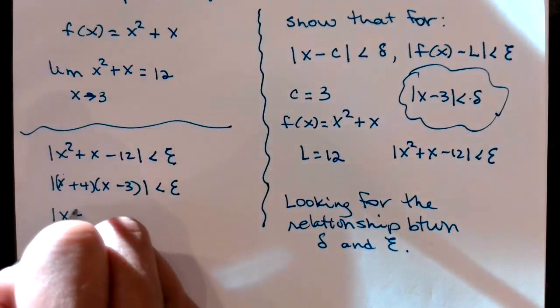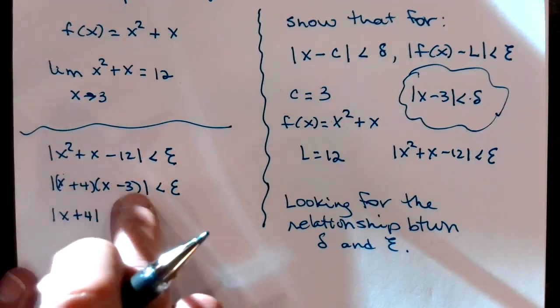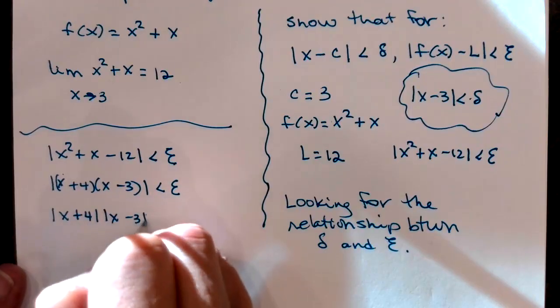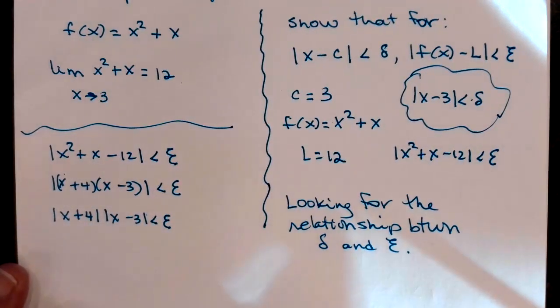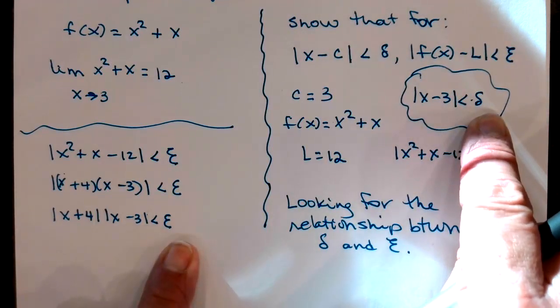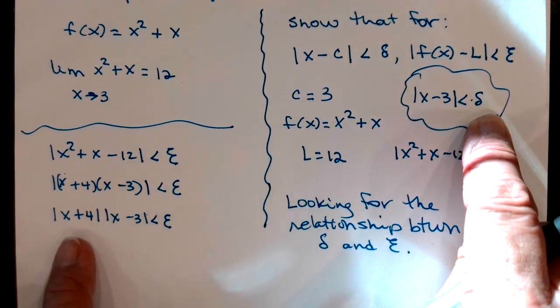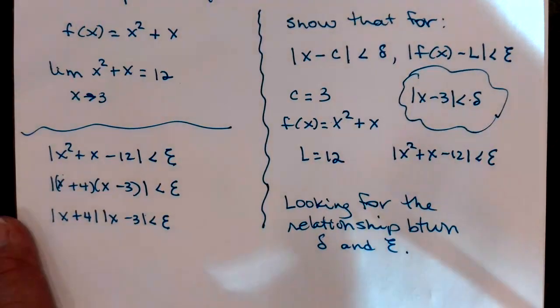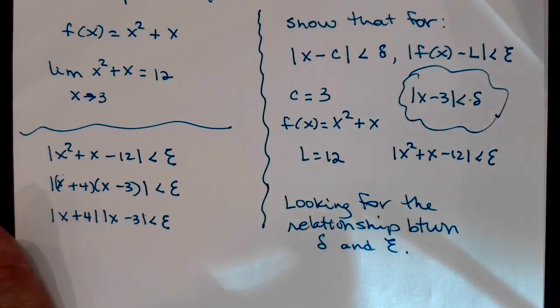We can break this apart, because the absolute value of a product is equal to the product of the absolute values. And there is our |x - 3| that we were looking for. But we also have this |x + 4| that we can't just get rid of, because we don't know how to bound it yet. So the next thing we need to know is how to put a boundary on that x plus 4.